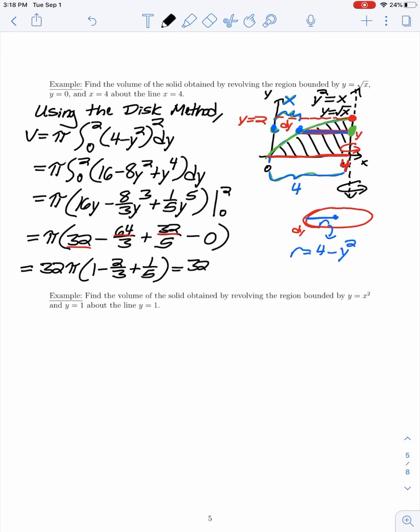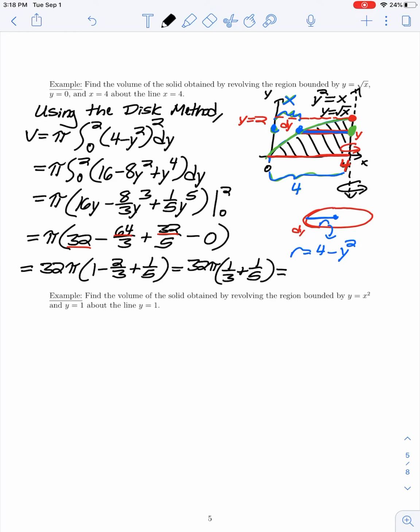So that gives me a 32 pi. And then let's see, my 1 minus 2/3 would be 1/3 plus 1/5. So that gives me 32 pi times 1/3 plus 1/5, which would be 8/15.